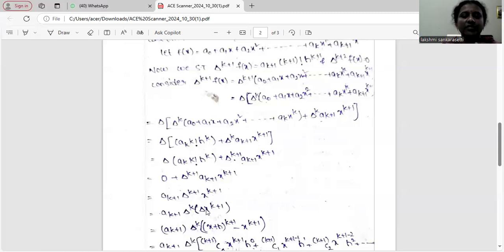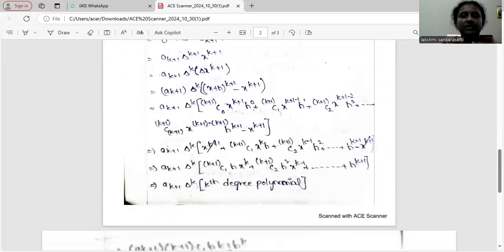So here f(x) is x power k+1, and f(x+h) is obtained by simply putting x+h in place of x: (x+h) power k+1. Then f(x+h) minus f(x), where f(x) is x power k+1. Here we apply the formula of delta of f(x), which is f(x+h) minus f(x).